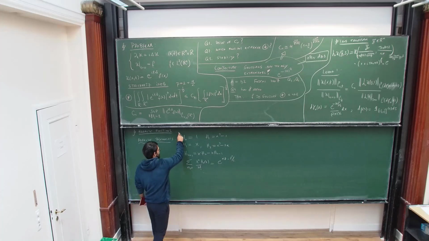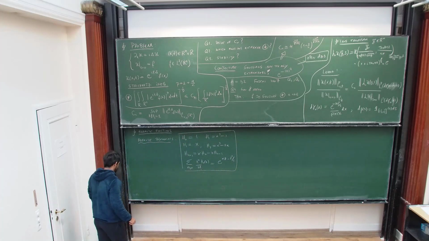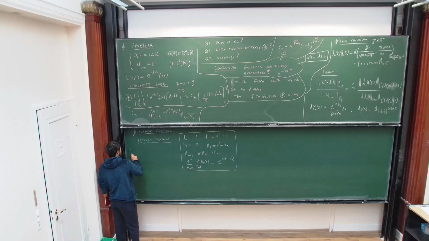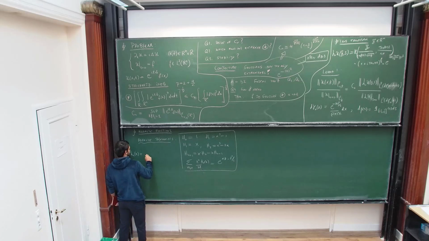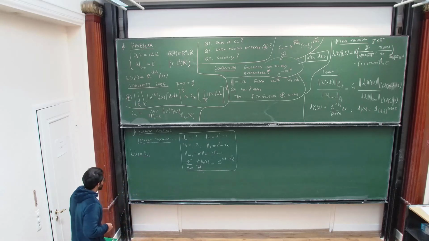Okay, so that's all the information you need. And the Hermite functions, for a real variable, would be just the standard Hermite functions. And then you have to normalize things. Again, it's up to a choice of normalization.